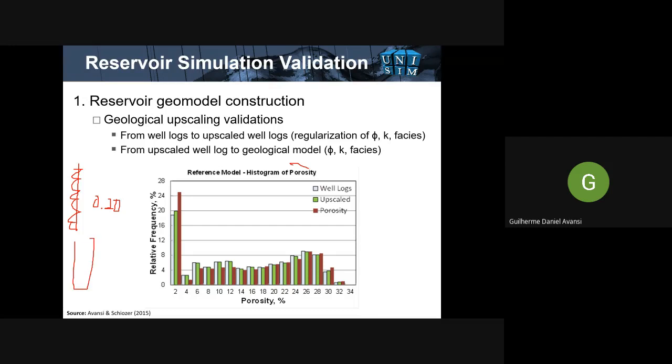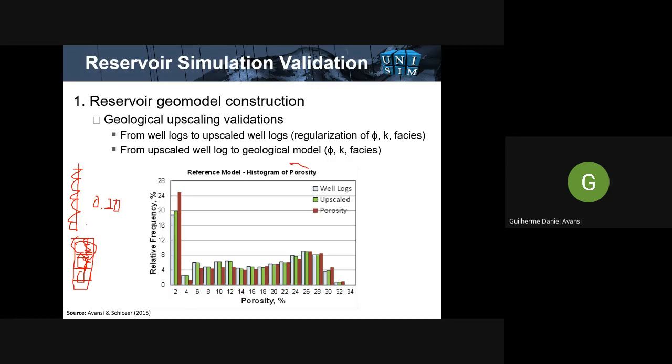When we build our geologic model, we need to upscale, or get the information from the well log for each grid cell. So we have a lot of information, but we need to include it for each grid cell, okay? So this is the upscale information from well logs to the grid of the geologic model.